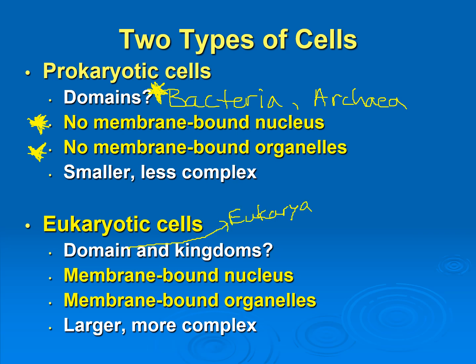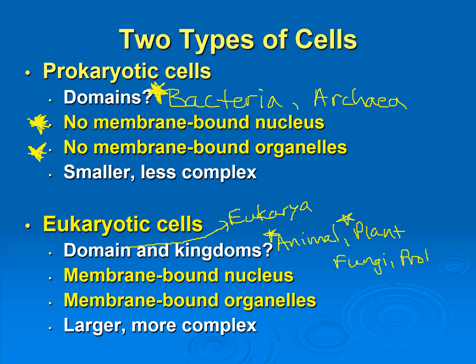The kingdoms underneath the domain would be the animals, so the animal kingdom, and then the plant kingdom. Those are the two that we're going to focus on. We also have fungi and protists as well.